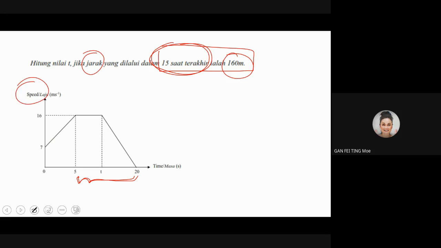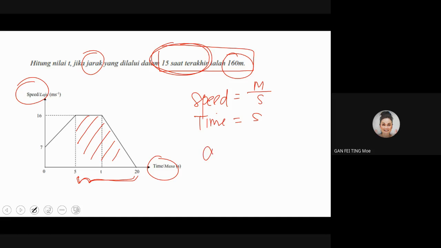This is a graph of speed against time. Speed has the unit meter per second, and time has the unit second. So the area is the length times the width. Let's say this is my length, which is seconds, times my width, which is meters per second.